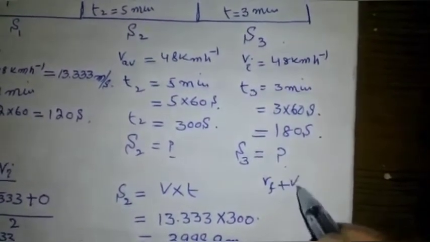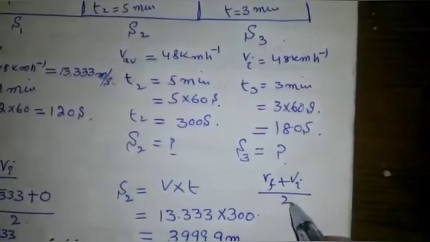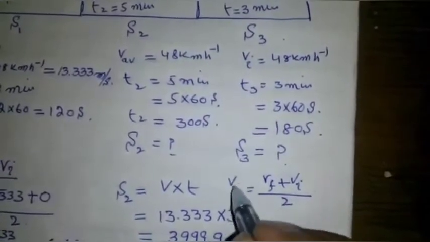Now we see that this is the initial velocity and this is the final velocity. Vf plus Vi over 2 is equal to V average.